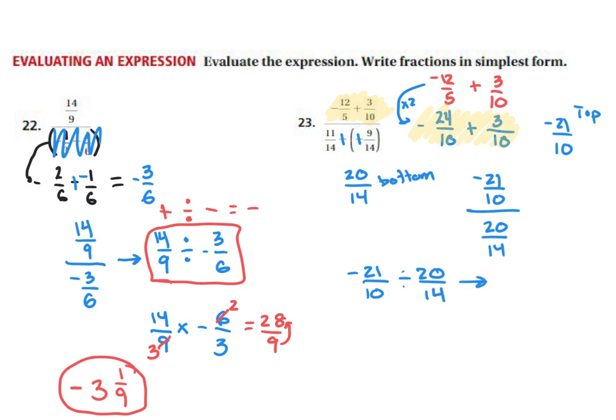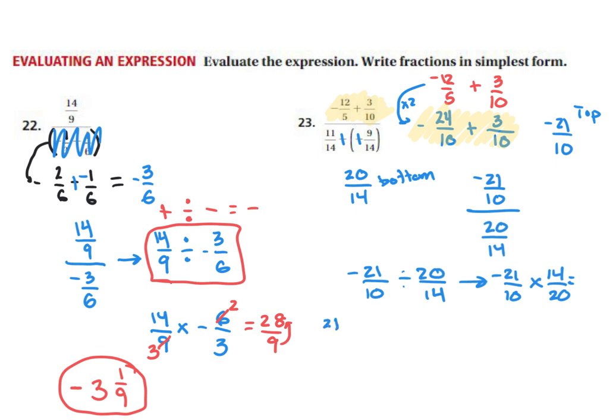From here, instead of trying to do division, let's change it to multiply by the reciprocal. -21/10 times 14 over 20. And now we multiply the numerators and denominators. 21 times 14, that's not something I can do in my head.